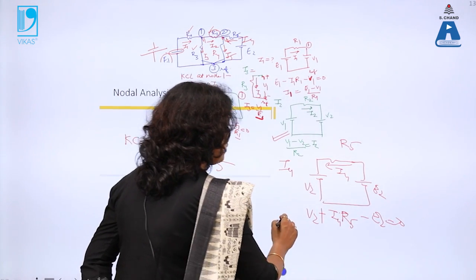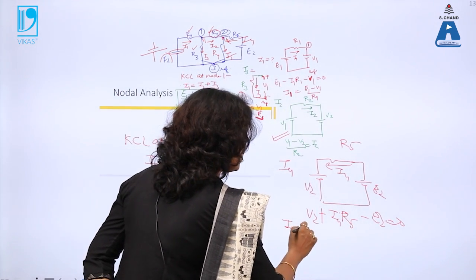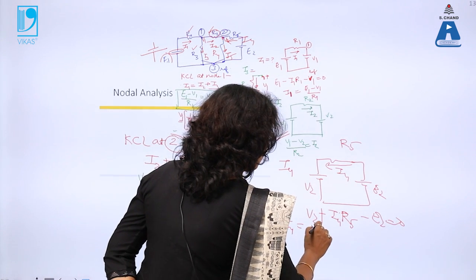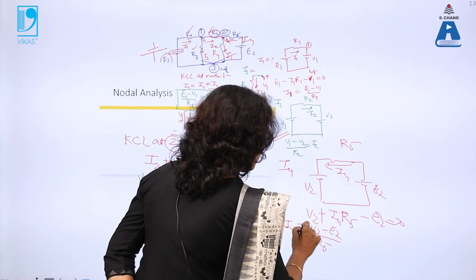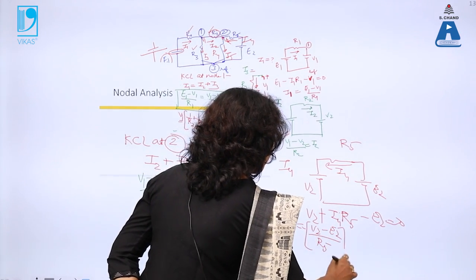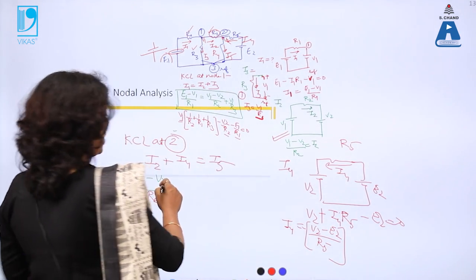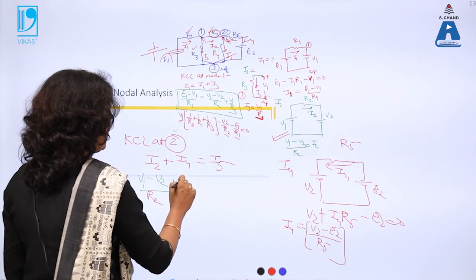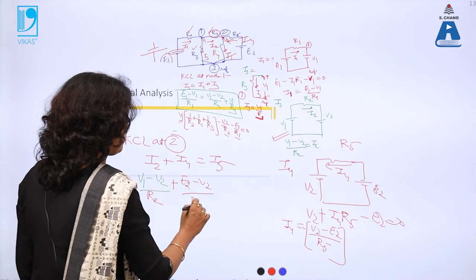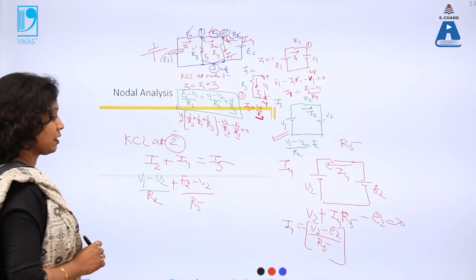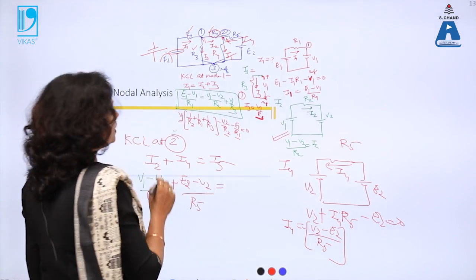So that gives me the value of I4 as V2 minus E2 by R5 with a negative sign. So what is I4 now? This is plus of E2 minus V2 by R5. I have taken negative inside this bracket, is equal to, what is I5?